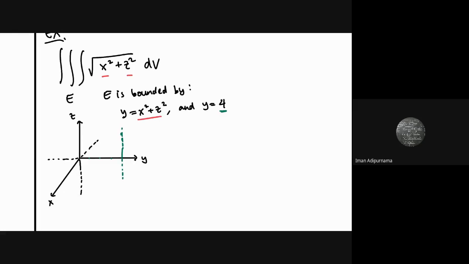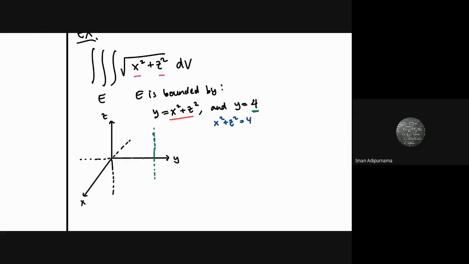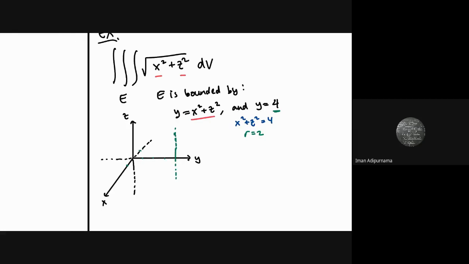And if we include this into the equations here, the radius is 2, right? So this will be 2, 2. So at least if we draw the circle, that will be our circle. Okay.